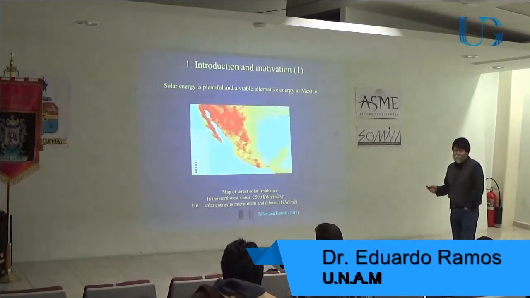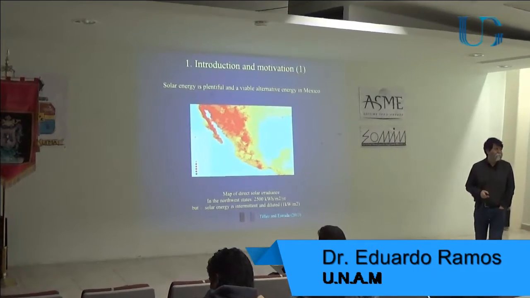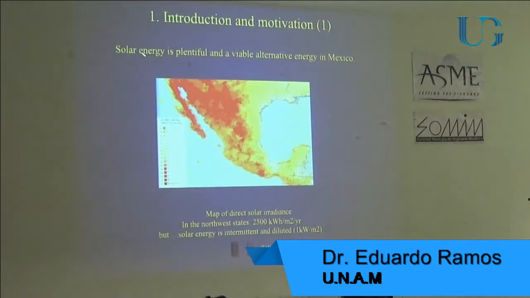Okay, first of all, I want to justify the efforts that we're putting on this topic. As you well know, solar energy is a plentiful and viable alternative energy in Mexico. This is a map of the solar radiation, the density of the solar energy in our country.